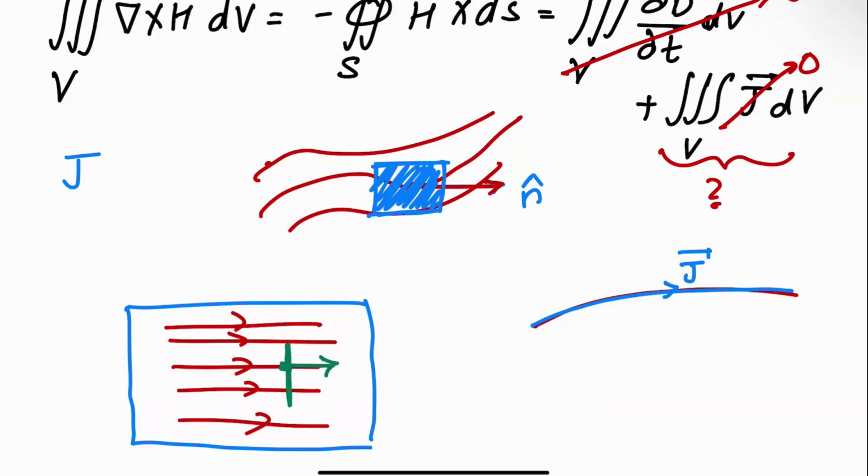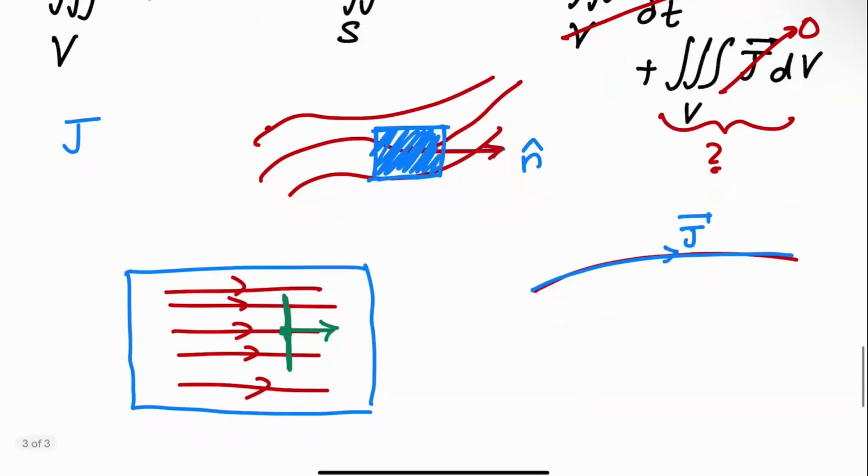Right? So you pick a point on the flow line, you place a line across it, and then you see how much current is flowing through this line. If this line has some length delta L, then the surface current density J would be the amount of current flowing through delta L along this n hat.